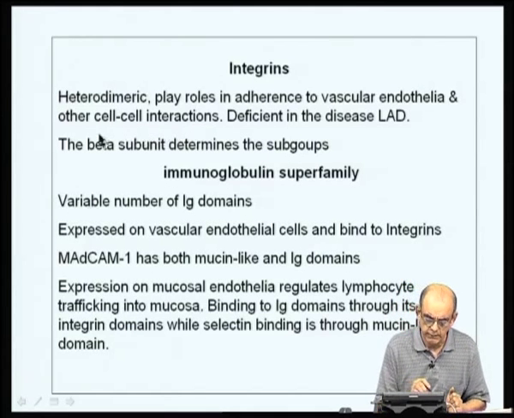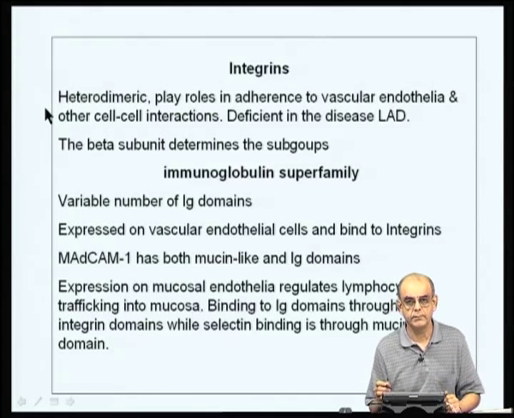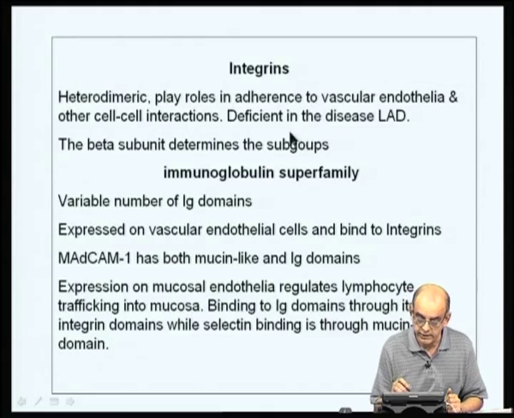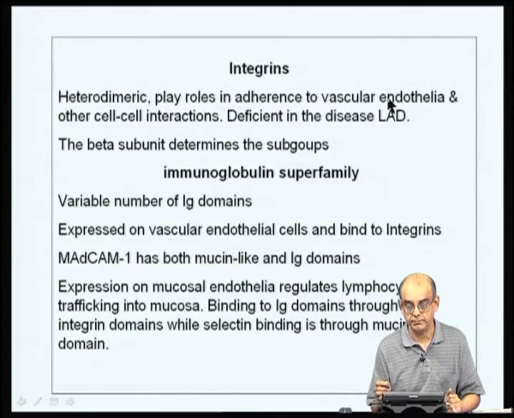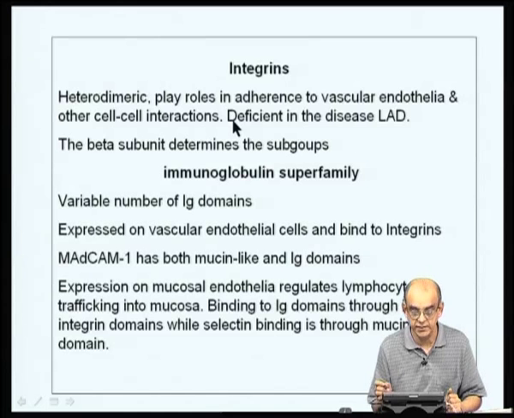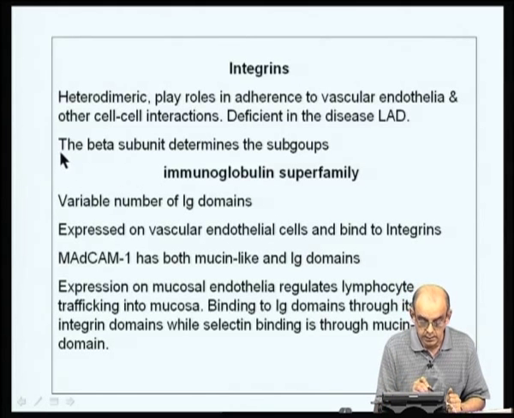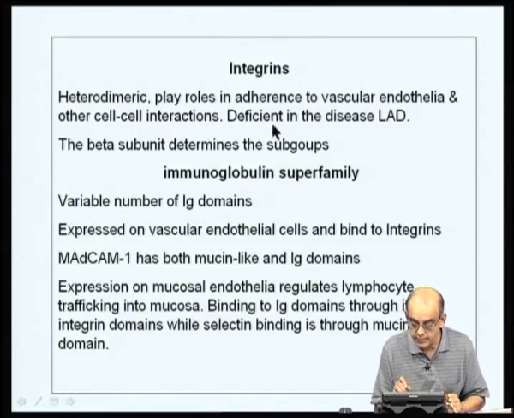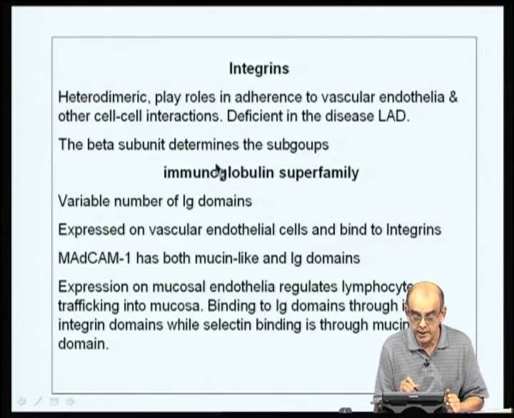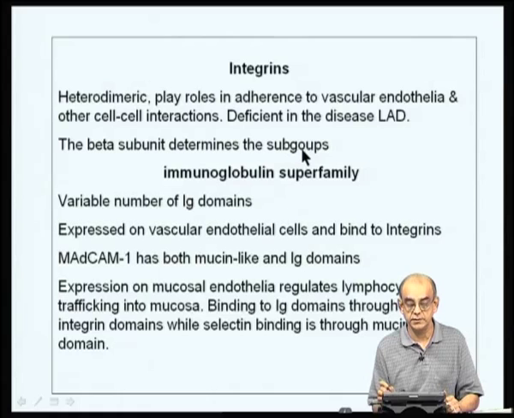So, this is a very important type of interaction, even considering the observation that there is a disease called leukocyte adhesion deficiency, where you have a deficiency in leukocyte adhesion. So, the cell interactions are deficient, and the type of beta subunit in these heteromeric proteins plays a role in the classification into various subgroups.